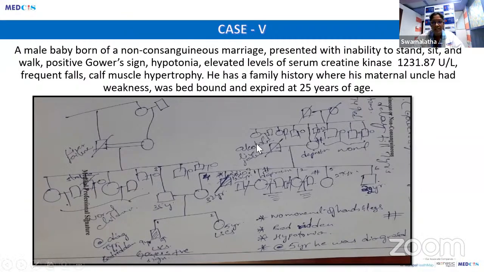This is a pedigree chart wherein you can see the proband's uncle died at the age of 25 years and the proband has a positive Gowers sign. So I'm just showing the video of the patient.